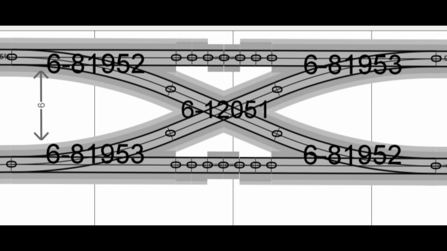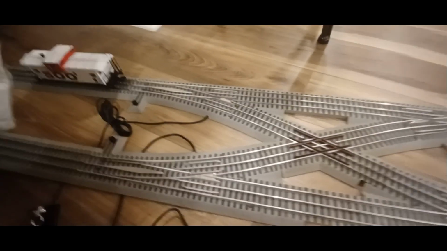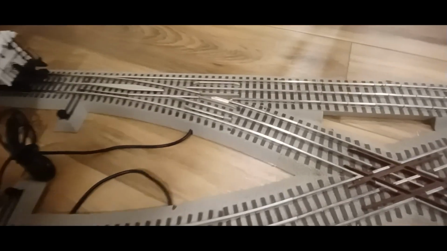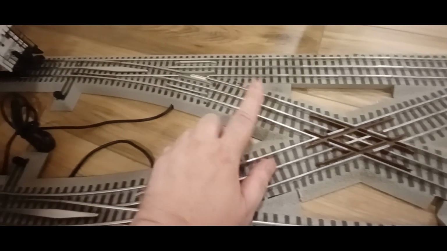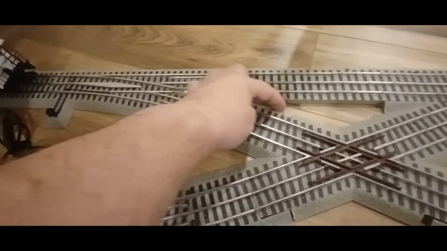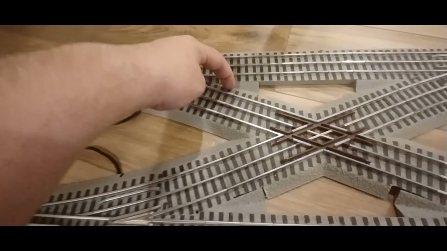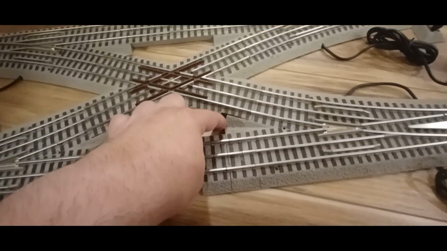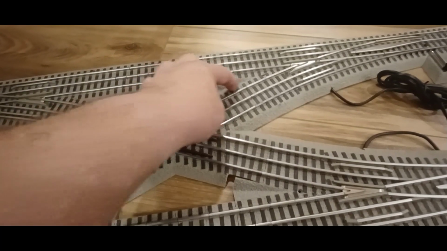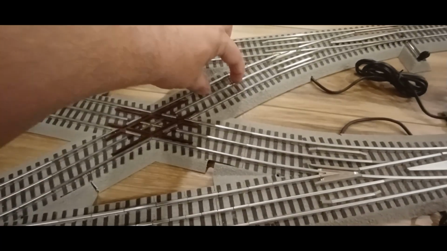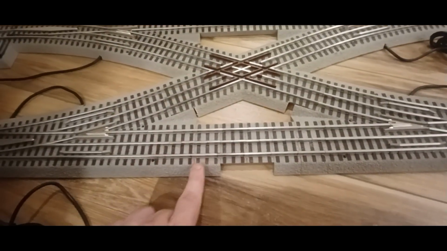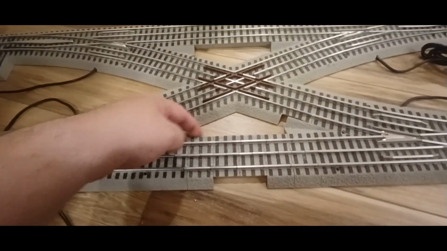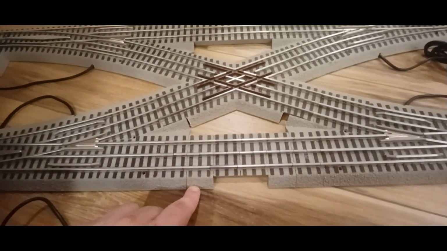So here's what I had to do on my layout to fix this issue. As you can see here, I didn't put that piece at the end of the 072 curve that has this little piece in the middle. So I actually had to cut out a notch in every section of this crossover piece, so I didn't have to add that piece, which I'm using over here, the side that has no border and that has only border on the outside.